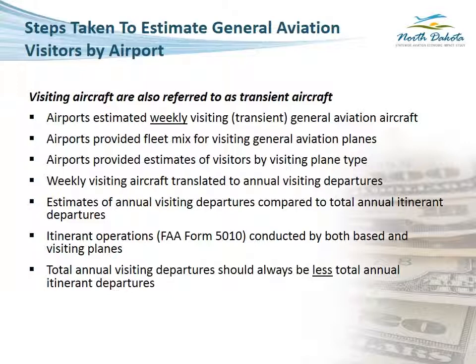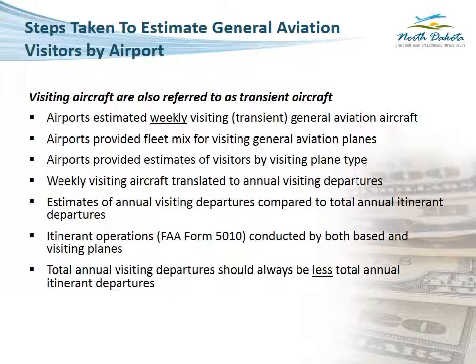Weekly visiting general aviation aircraft were translated into annual visiting general aviation aircraft arrivals, multiplying weekly arrivals by 52. Annual visiting arrivals were then compared to each airport's total annual itinerant arrivals. Annual itinerant operations for each airport were obtained from FAA records and were divided by 2 to get itinerant arrivals.